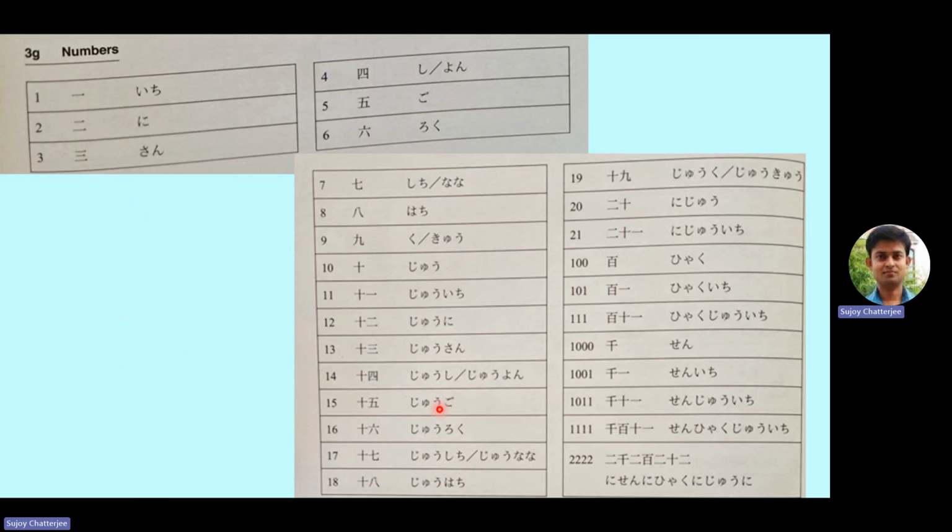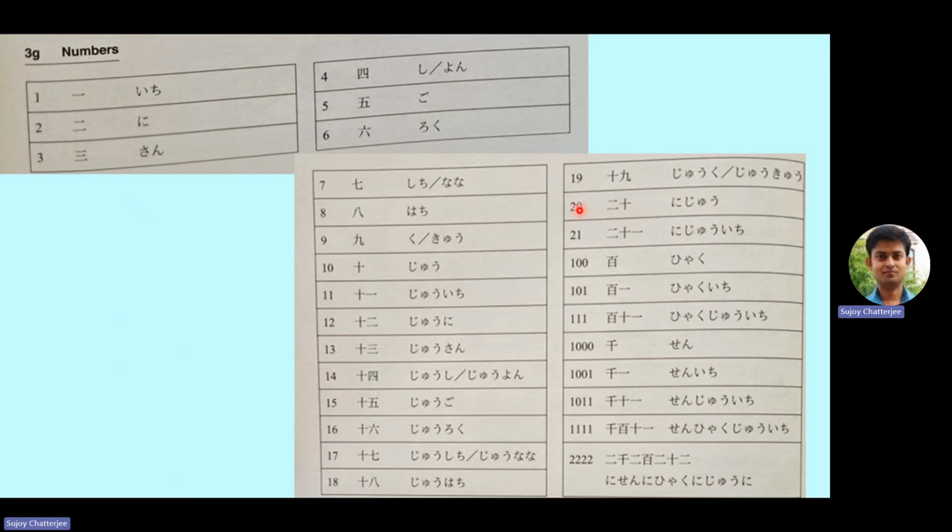So that we will see, but for now 10 is ju, 11 is ju ichi, 12 ju ni, 13 ju sang, 14 ju shi or ju yong, 15 is ju go, 16 is ju roku, 17 is ju shichi or ju nana, 18 is ju hachi, 19 is ju ku or ju kyu, 20 is niju.